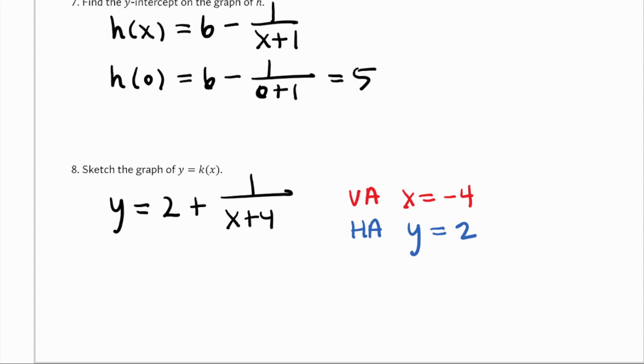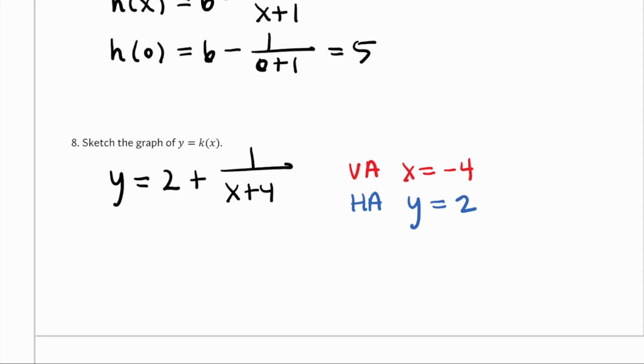When I'm making these sketches, I like to start with the asymptotes. It doesn't make them any better graphs, but it will keep them from being stuck off in one corner of your sketch. So that's y equals 2, and this would be x equals negative 4. And this is a regular positive 1 over x graph because I'm seeing that plus and then the 1 over x plus 4.